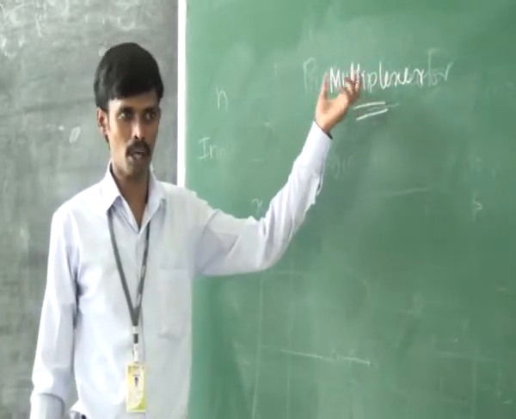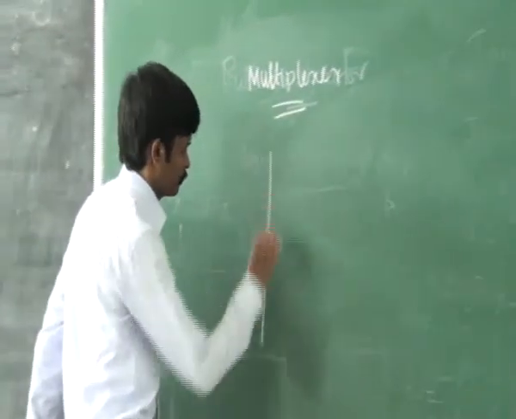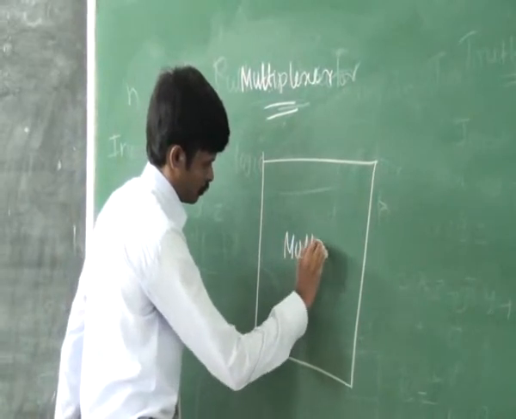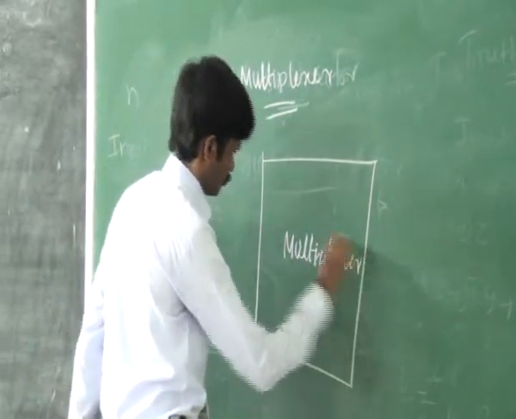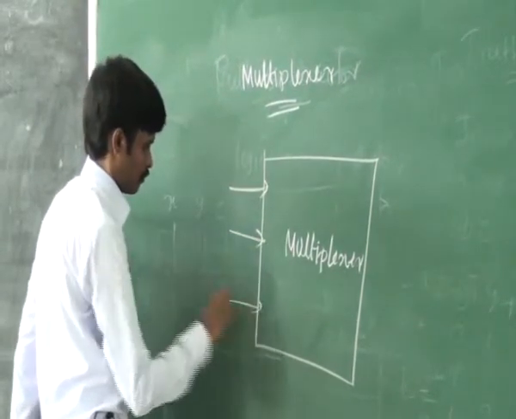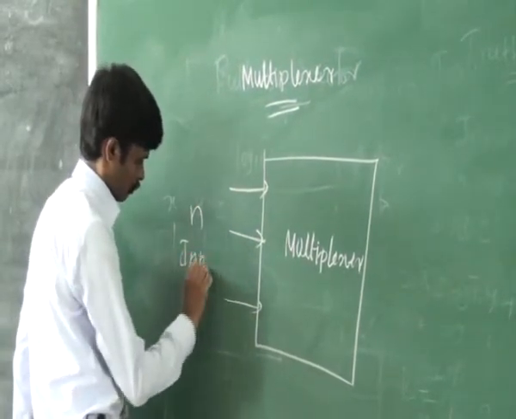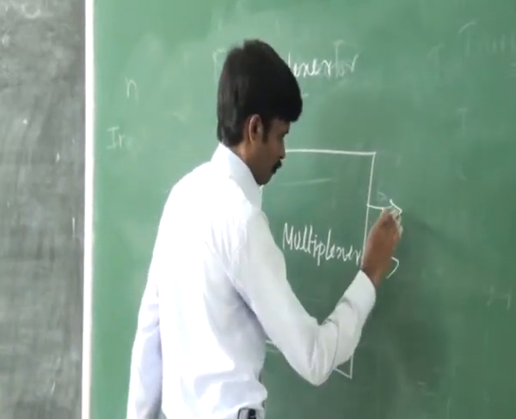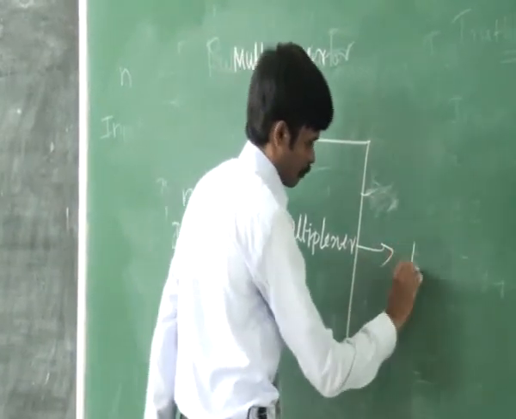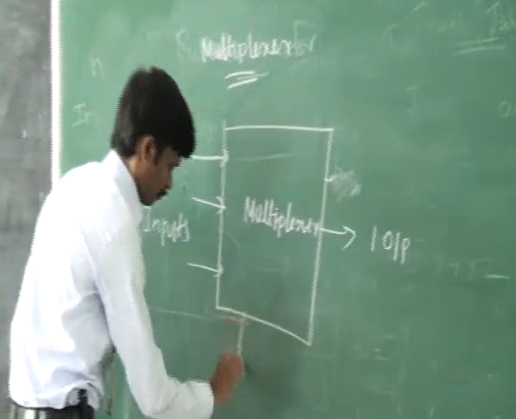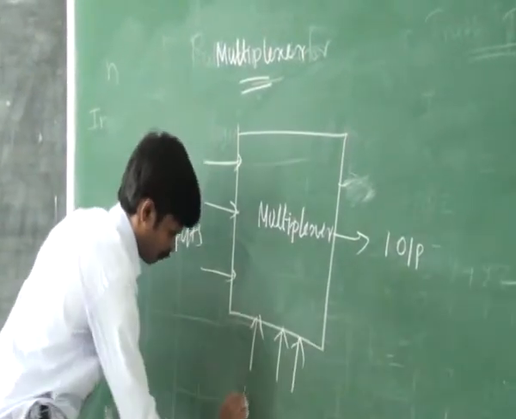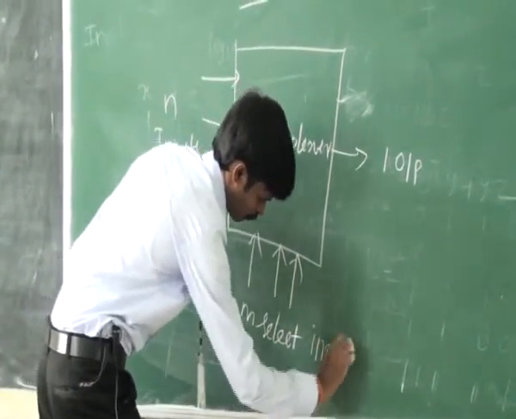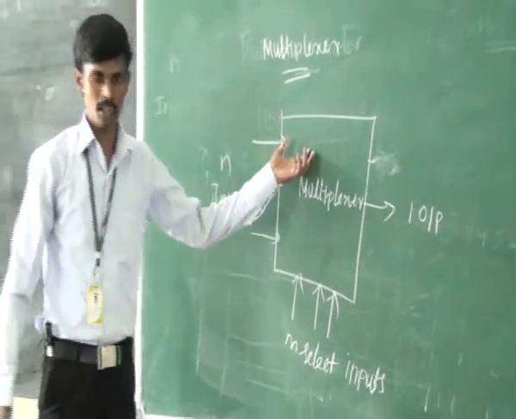Now let us see the basic block diagram for multiplexer. This is the basic block diagram for multiplexer.